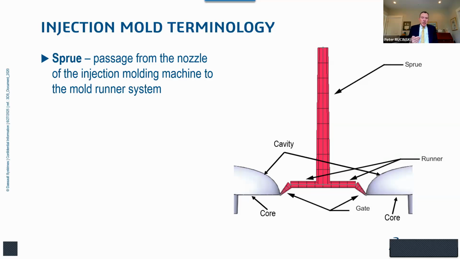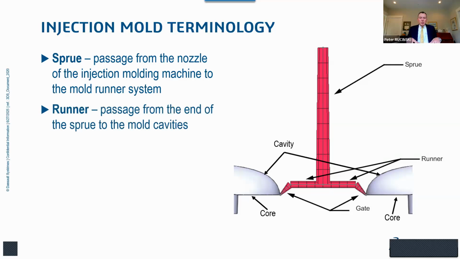When the melted plastic comes out of the nozzle, it enters the sprue of the mold. The sprue then connects to the runner system. You can have primary runners, secondary runners, tertiary runners, and so on. The runners basically connect the sprue to, let's say, the runners get very close to your mold cavities.